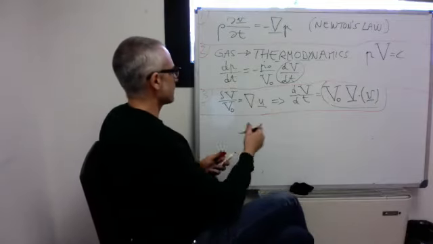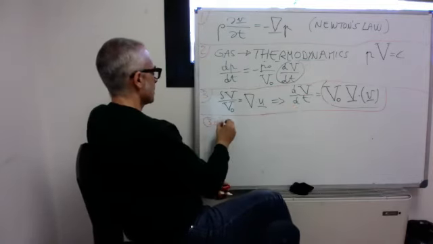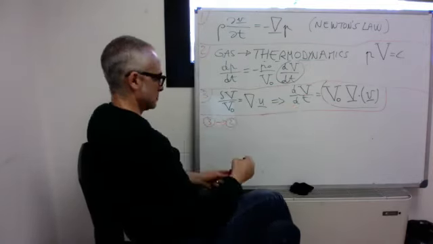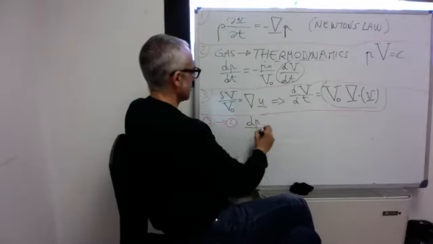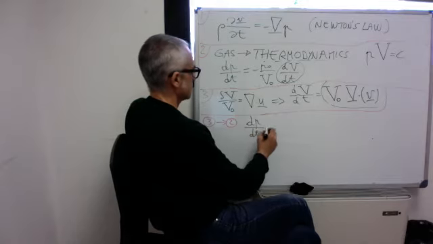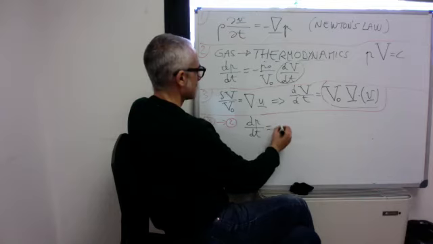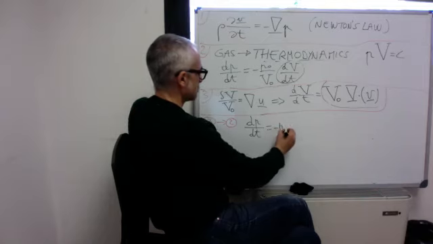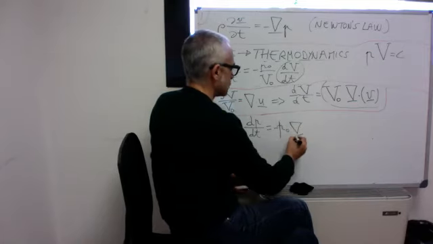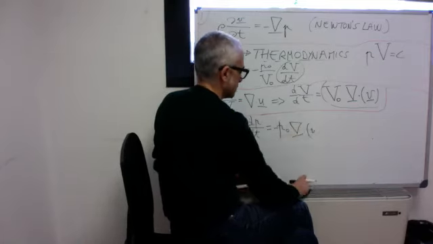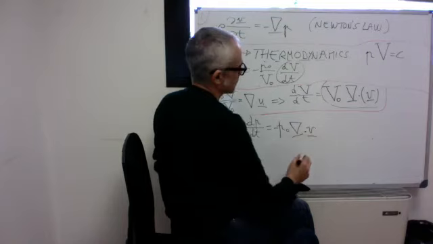So if I plug equation 3 here into equation 2, I get dp over dt equals minus P0, the initial pressure, times the divergence of the velocity.